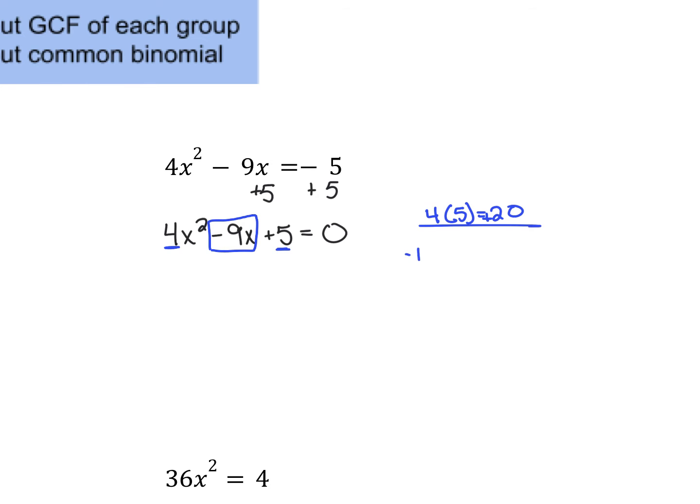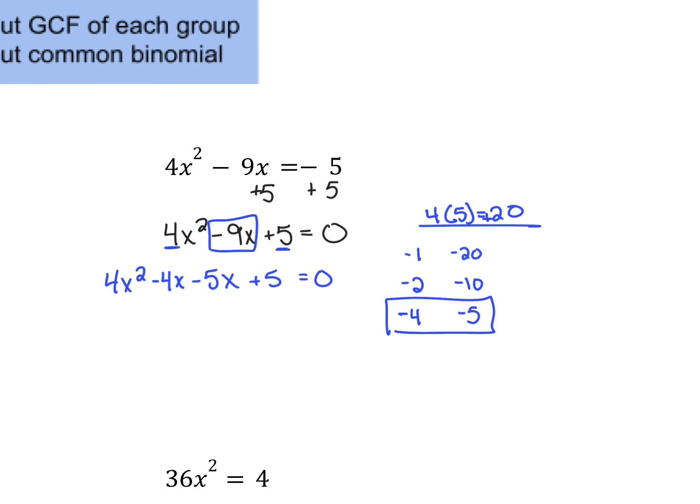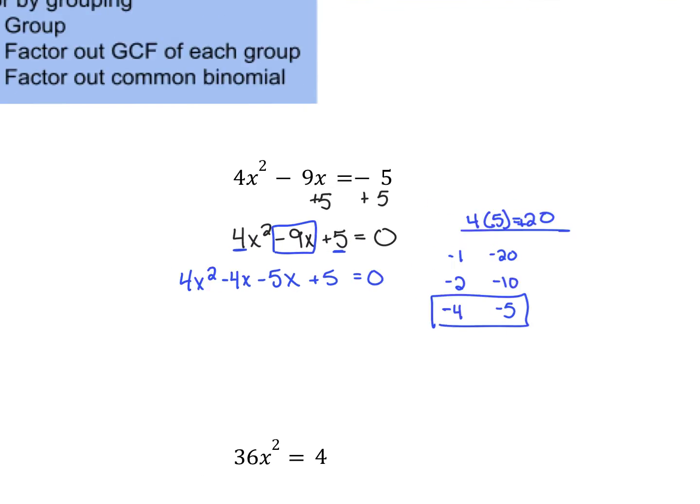So I'm going to do negative 1 and negative 20, negative 2, negative 10, negative 4, negative 5, and that negative 4, negative 5 is what's going to give me my negative 9. So when I rewrite this, 4x squared minus 4x minus 5x plus 5 equals 0. Now we can go ahead and factor it.